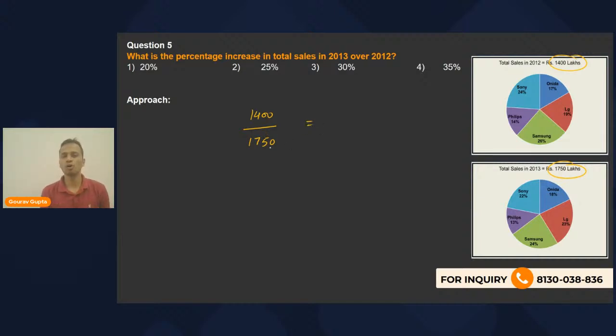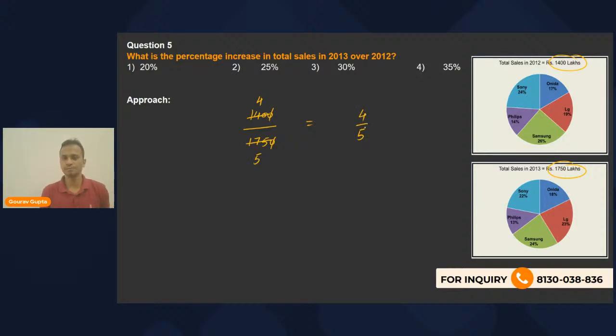What is the ratio of these numbers? The 0 and 0 cancel. Now 35 will cancel, and this will be 4 and this will be 5. So the ratio of these numbers is 4:5.